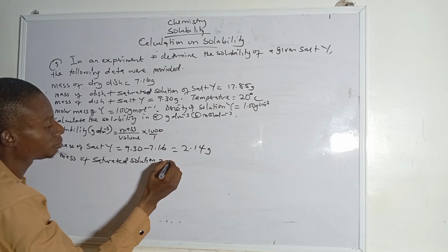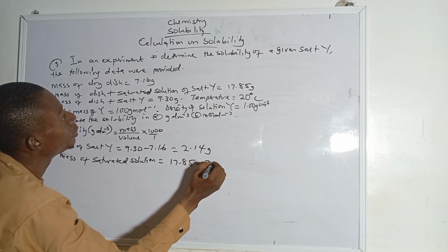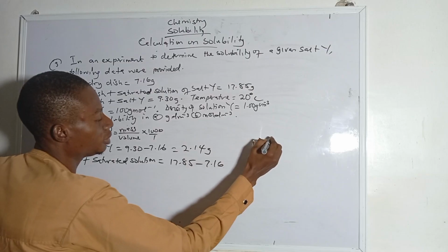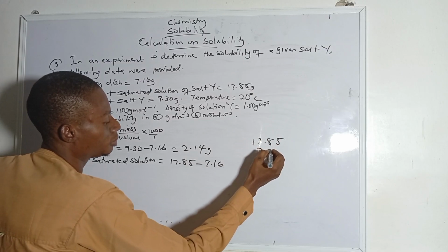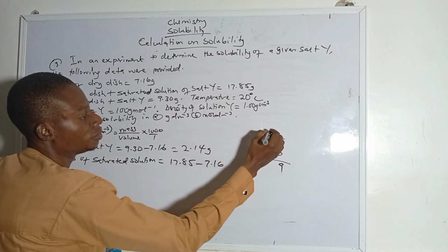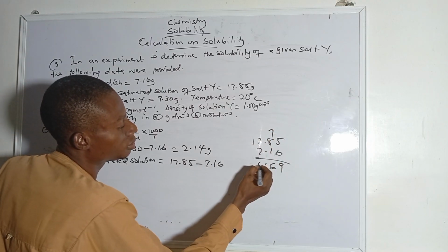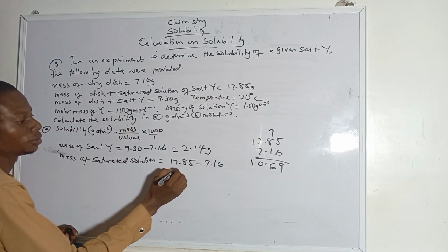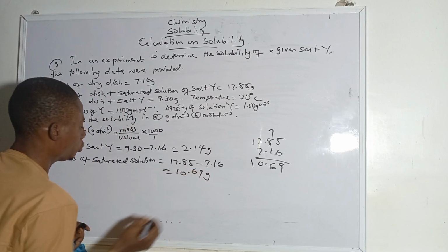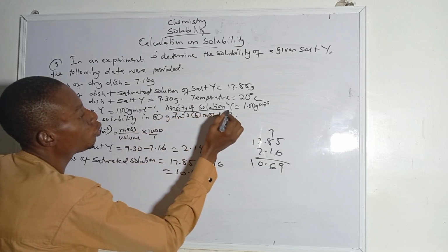So that will be 70.85 minus 7.16, that is 10.69. So 10.69 grams. And don't forget, we mentioned that the density of the solution is 1.